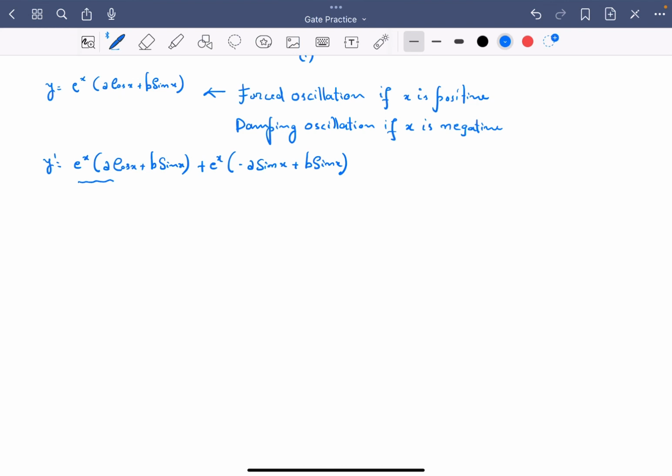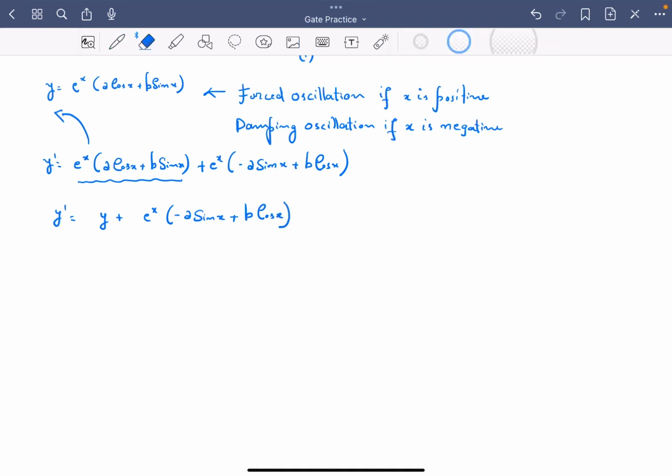Now this is nothing but equal to y. So this will be y dash is equal to y plus e raised to x, minus a sin x plus b cos x. Oh, sorry, this is not sin x, this is cos x. b cos x.